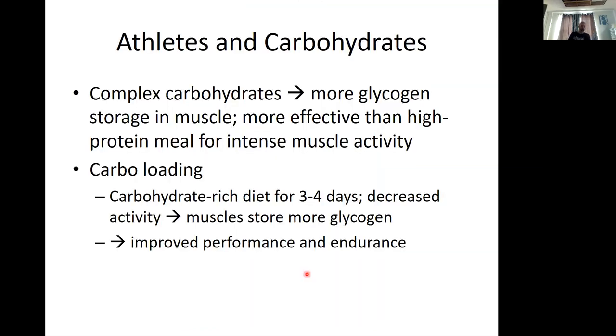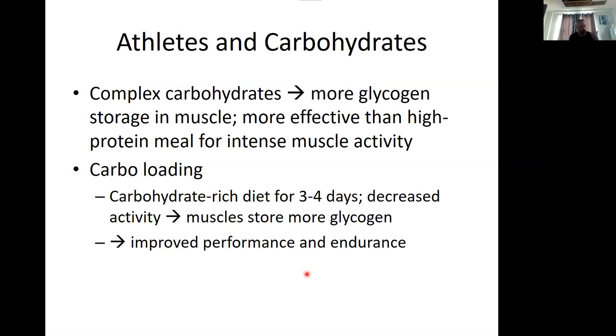One of the reasons that becomes important for us, maybe clinically, is with carboloading. Glycogen, because it's a fairly simple mechanism for the storage and release of glucose, is very, very useful for us if we're going to be doing something high intensity in terms of activity.